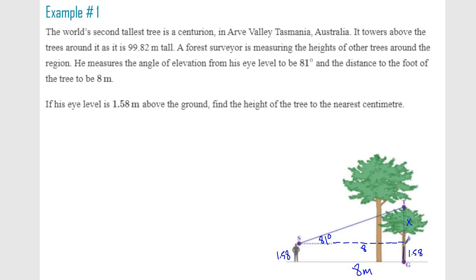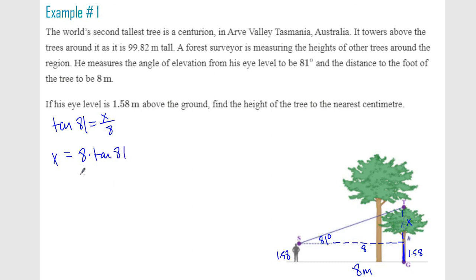I know some of the tree, but now I want to know the rest of it so I can add it up. So to get that x, I would need to do tangent of 81. So x is 8 times the tangent of 81.